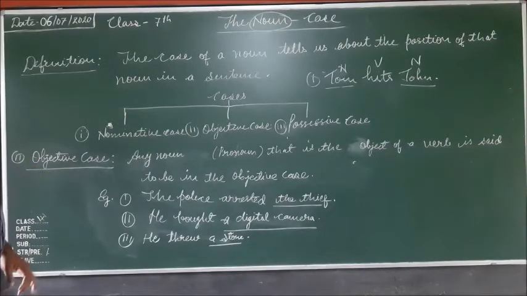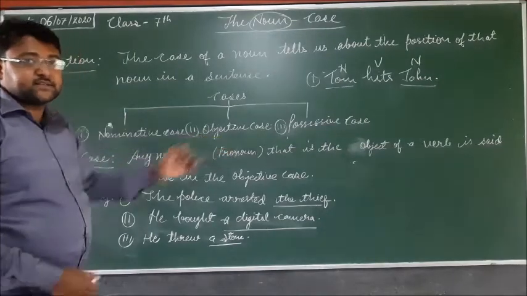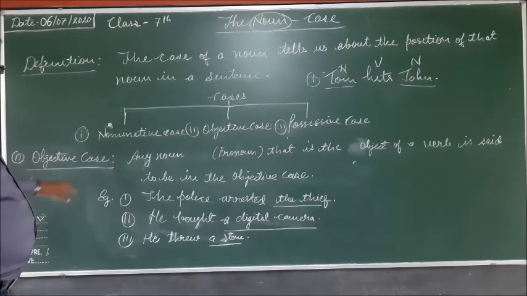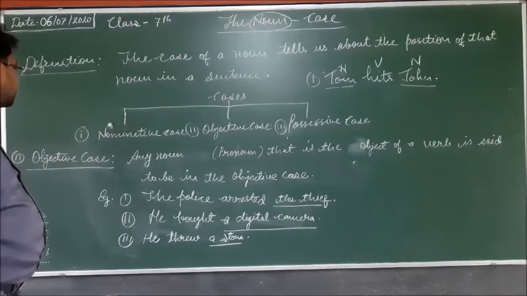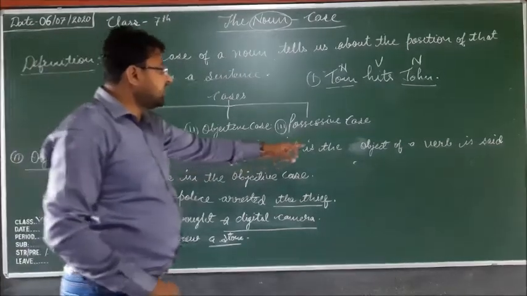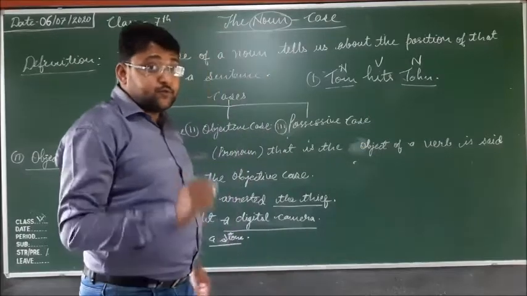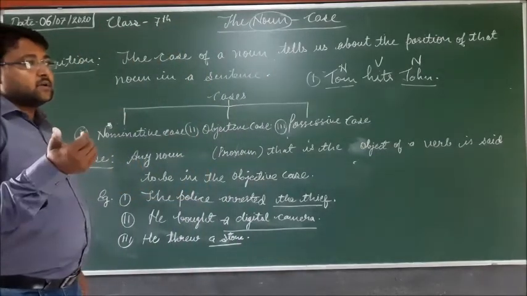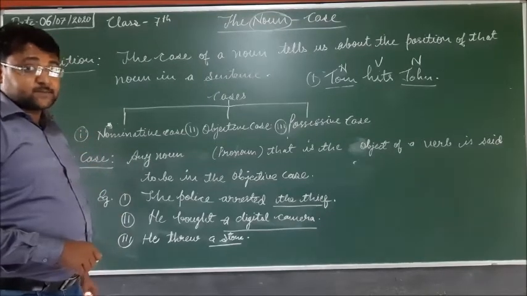Second is the objective case. As I told, first you see the definition of objective case. Any noun or pronoun that is the object of a verb. When any noun comes after the verb as the object of a verb, that is the objective case.